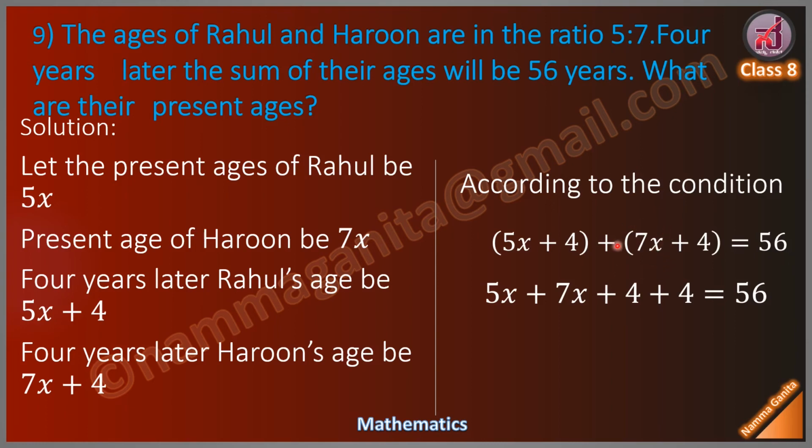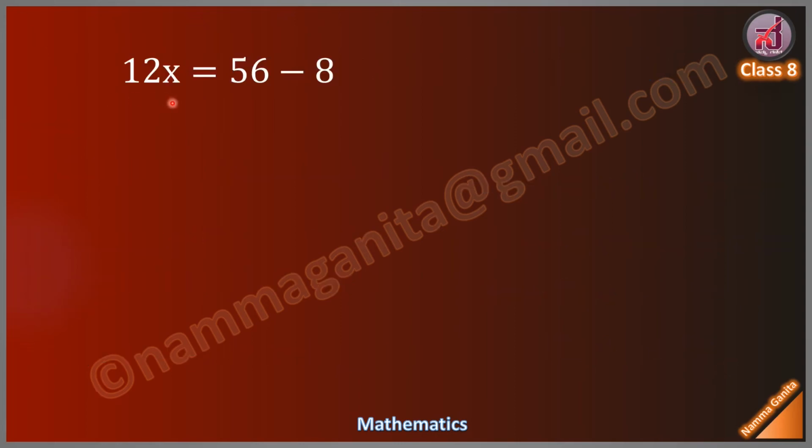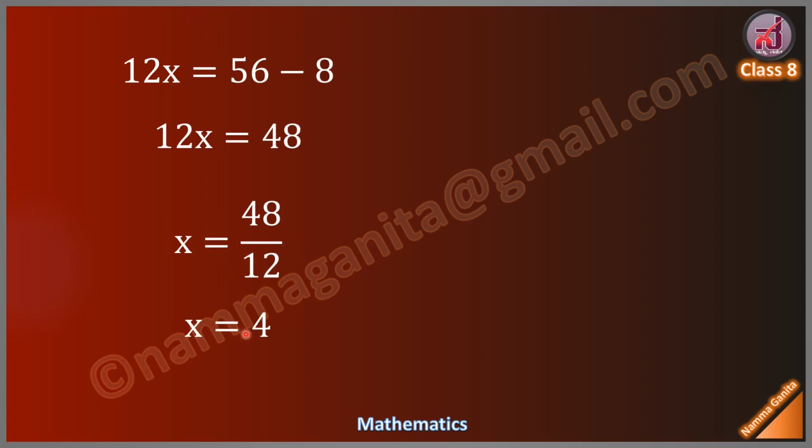Bring this term 7x near the 5x. 5x plus 7x plus 4 plus 4, that is equal to 56. 5x plus 7x is 12x, plus 4 plus 4 is 8. 12x plus 8 is equal to 56. 12x is equal to 56 minus 8. 12x is equal to 48. x is equal to 48 divided by 12. x is equal to 4.